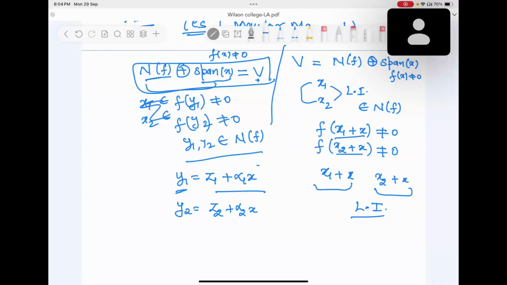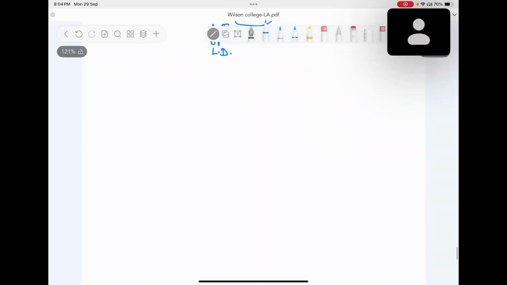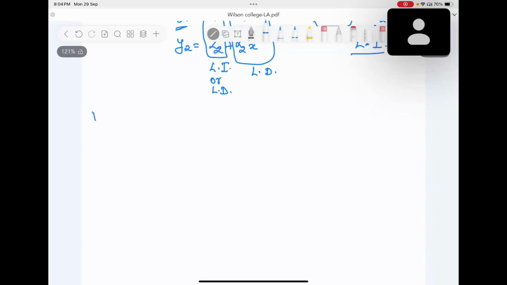So this part is always linearly dependent, but this part can be linearly independent or linearly dependent. Don't get confused with this. Now let me tell you some more properties.